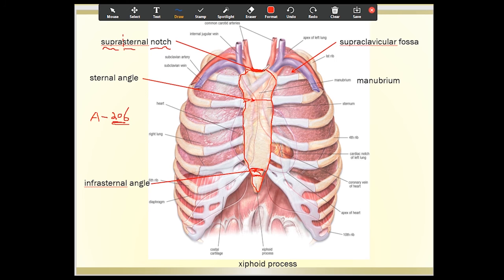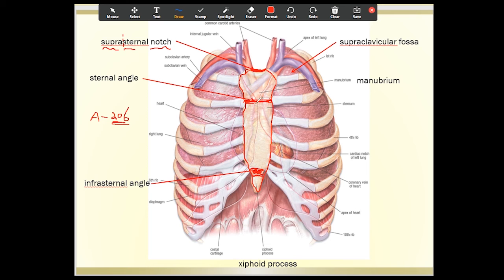So that's one example here. The sternal bone is originally three bones that later fuse together. But when they fuse, it's not totally flat. They form a small angle here and a small angle here, which is just the fusing part.